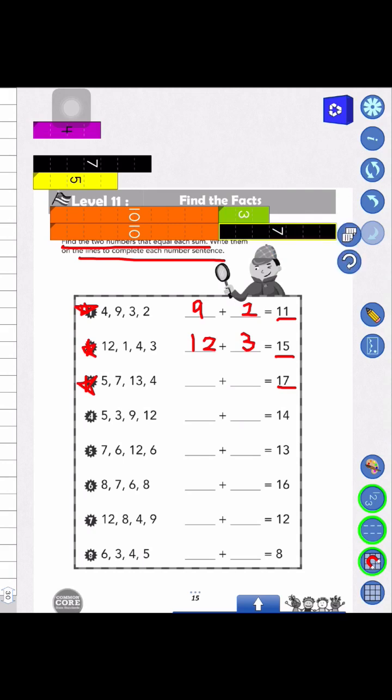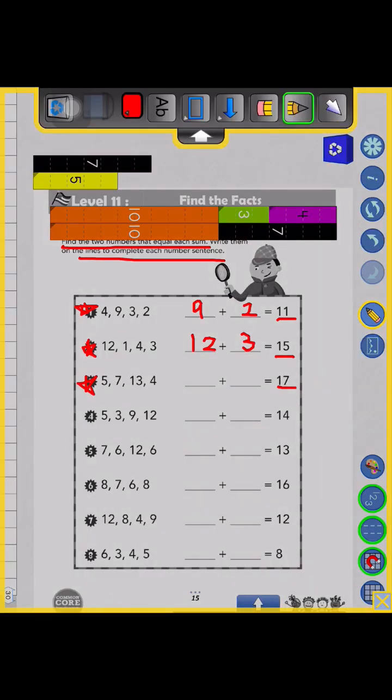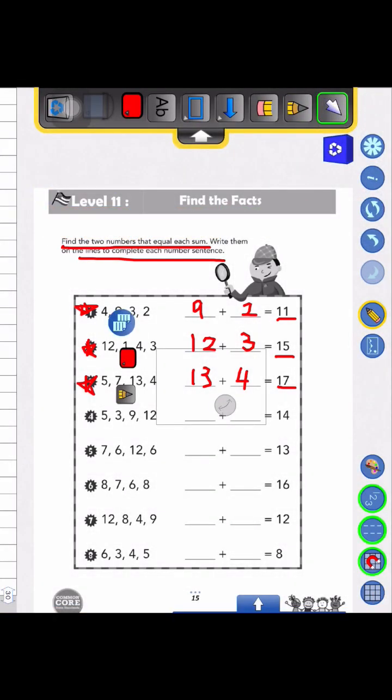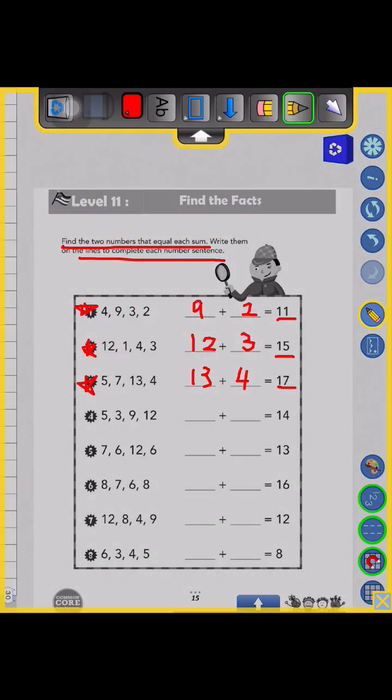If we put 13, we need 4 more. So 13 plus 4 equals 17. So that's the answer. 13 plus 4 equals 17. Okay, and then we move on to question 4.